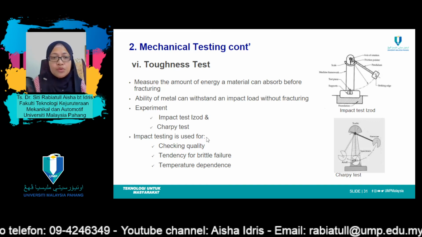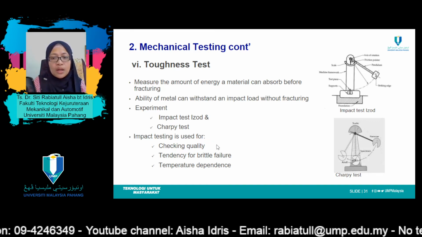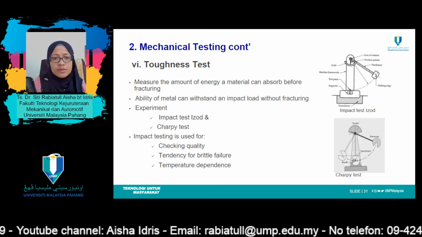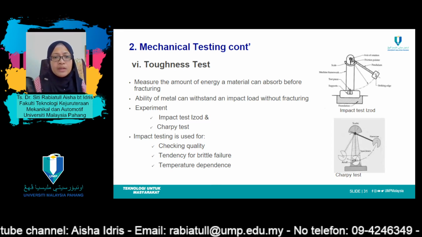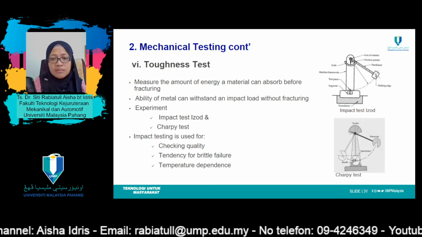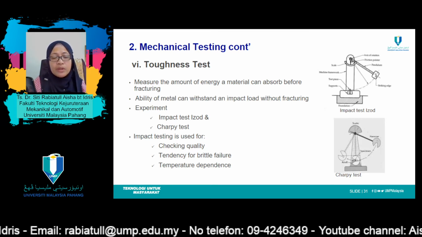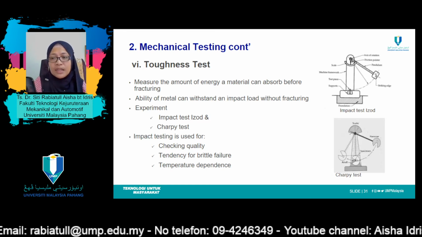Impact test is used to check the quality of the materials, to study temperature dependent brittle to ductile transition, and to determine whether the material is brittle or ductile in nature.